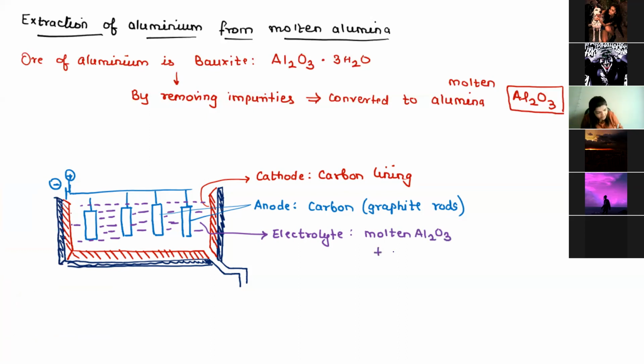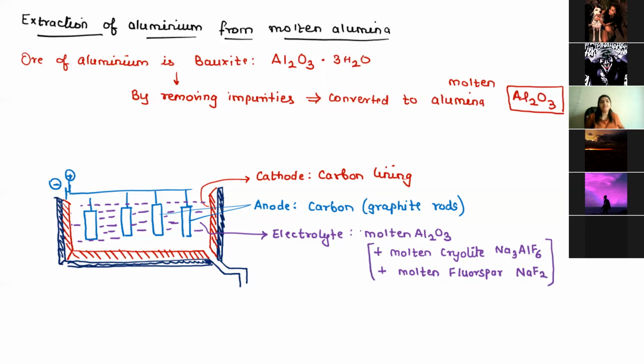Along with that, they add molten cryolite, which is Na3AlF6, plus molten fluorspar, NaF2. So in total 3 things will be there in the electrolyte. We are going to learn the reason why cryolite and fluorspar are added in molten Al2O3. Just now we are just understanding what all things are required.